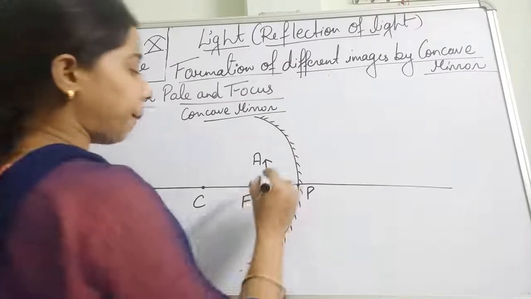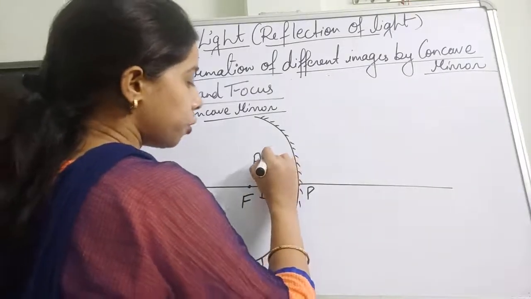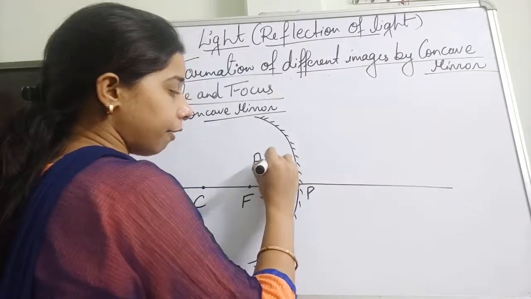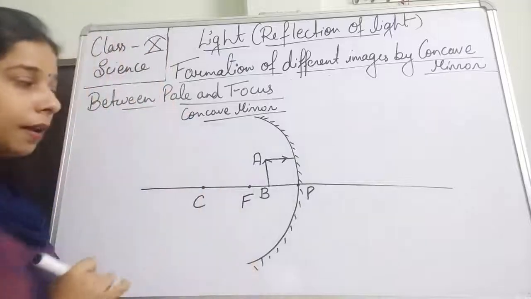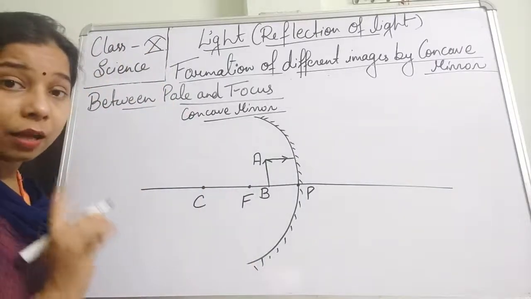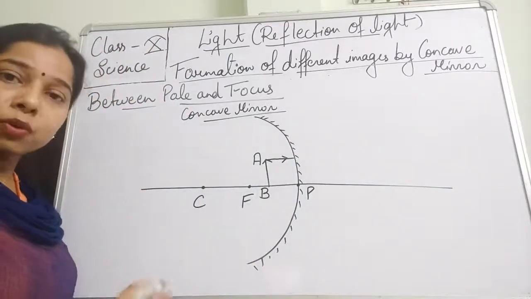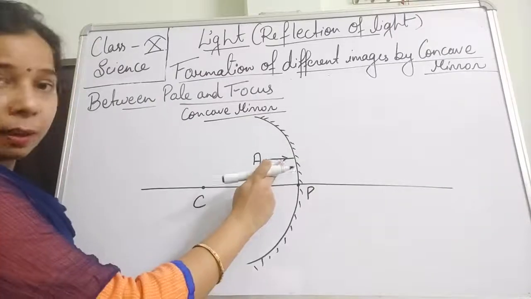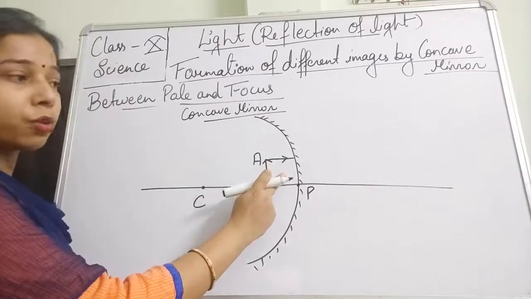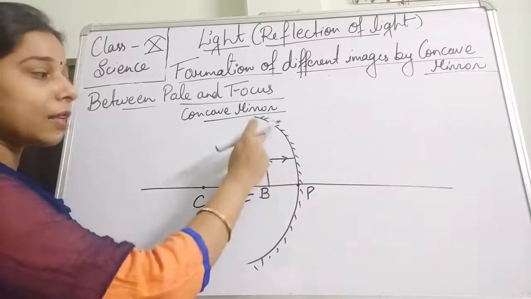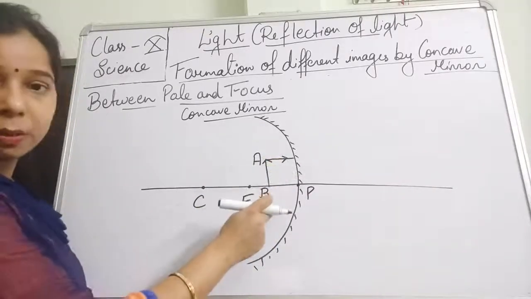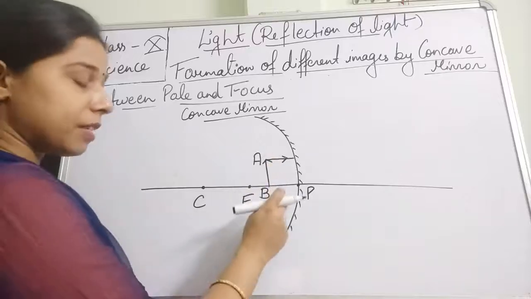Now what happens here? First of all, a ray of light from the object goes like this, parallel. Although it is between pole and focus, this ray is coming towards the reflecting surface parallel to the principal axis.